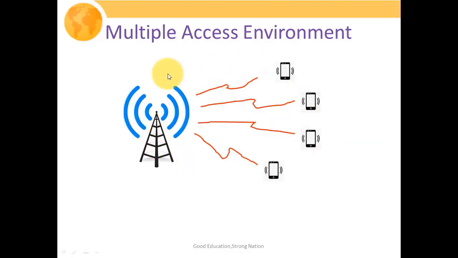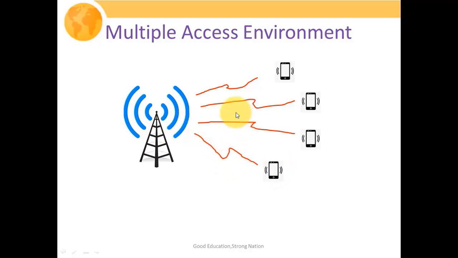This particular figure shows the multiple access environment. Here we have a base station whose coverage is called a cell, and there are multiple mobile subscribers which are trying to exchange their information with the help of the base station.